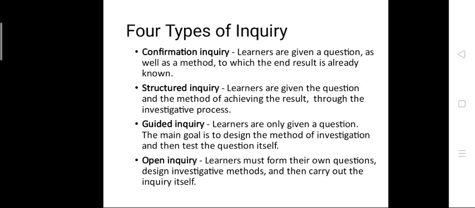Say a known item is given to learners. A learner will work through that, and a method also will be given to them. So they can follow the method and solve the problem or reach the answer to the question. So that's confirmation. We have to confirm something. It is an already known fact, so they have to find it out.